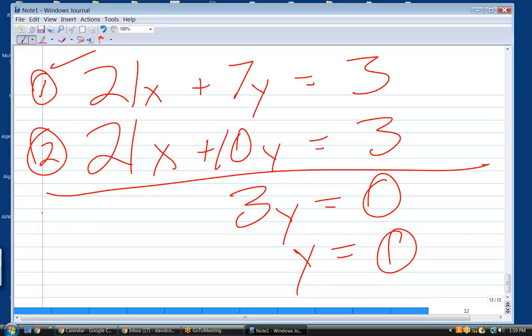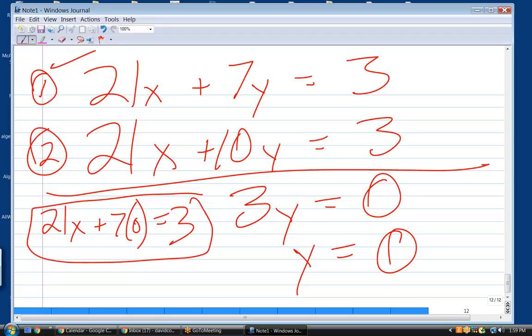Okay, so I'm just going to give you the final answer, which is... Well, no, give me the whole equation. 21x plus 7 times 0 equals 3. And this is kind of the way I'd like to see you do it every time. In other words, do it the long way. Won't make any mistakes. What's the next line?